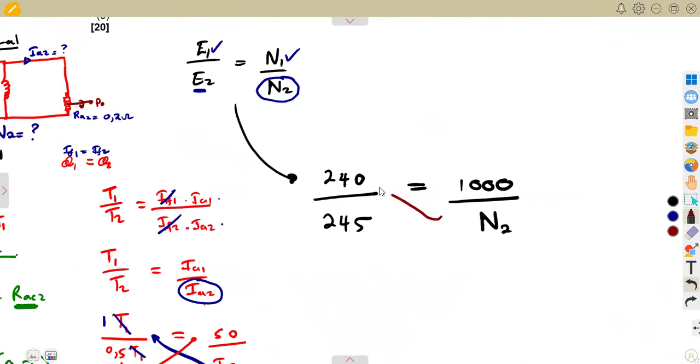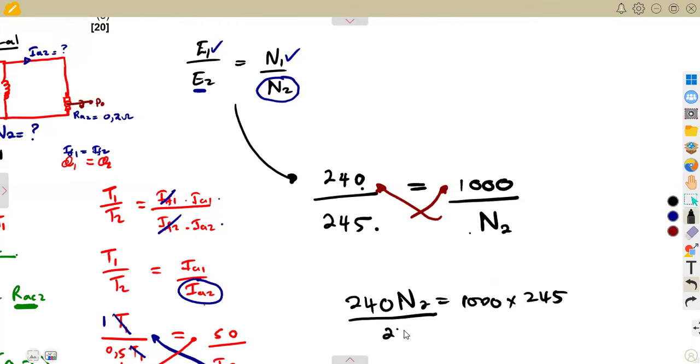So that was going to give us the speed. If we cross multiply, 240 times N2 is equal to 1,000 multiplied by 245. Definitely, you're going to divide by 240.